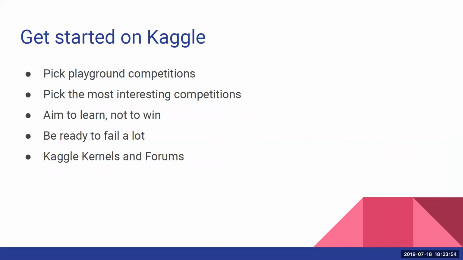So how to get started on Kaggle? First of all, if you don't know anything about data science, about classifiers, clusterization, you should probably read something on that. But there is a playground competition, one of them is Titanic. I'll show this one later. It's fairly simple. You need to predict whether a person on the Titanic will survive or not.